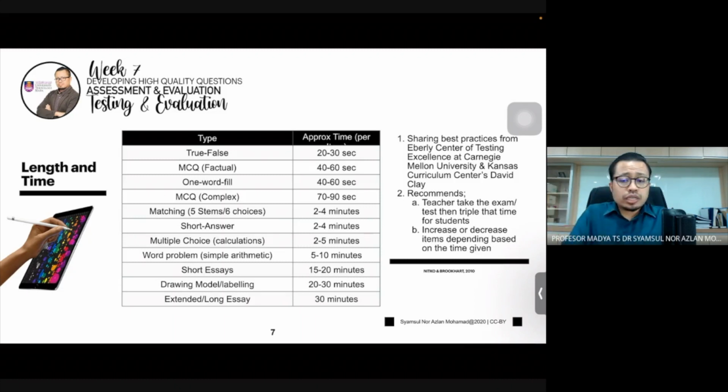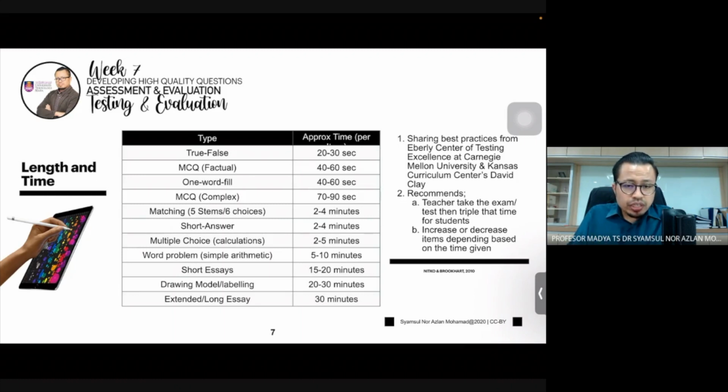As mentioned here, true/false takes about 20 to 30 seconds, MCQ factual 40 to 60 seconds, one-word fill-in 40 to 60 seconds, and MCQ complex 70 to 90 seconds. So MCQ has factual and complex types with different times, because the complexity differs depending on the cognitive level.